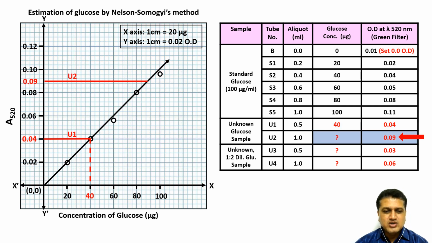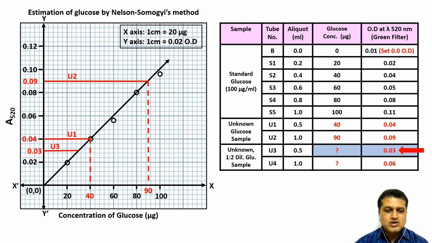Next, the OD of U2 is 0.09. Connect it to plotted straight line of standard. And this corresponds to 90 micrograms on x-axis. Thus, the concentration of U2 is 90 micrograms.